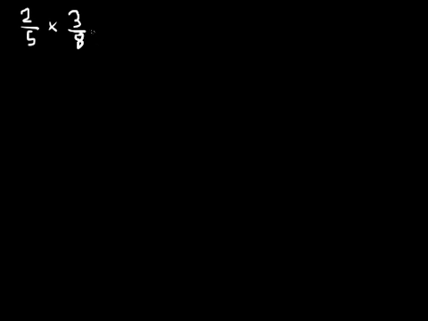Okay. Well, when you see that, if you're good with seeing this, you'll know, hey, 2 is divisible by 2 once. 8 is divisible by 2 4 times. So that's really 1 over 5 times 3 over 4, 3 over 20.